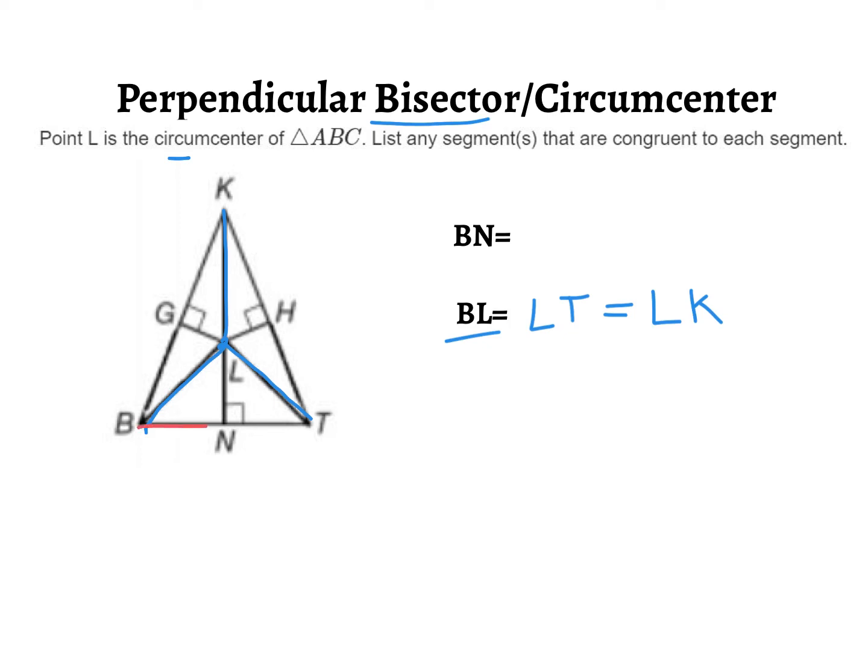So BT will be cut into 2 equal pieces, which means BN is congruent to NT. If I wanted to also check, this segment will be cut in half, making HT equal to HK. This one's going to be cut in half, making BG equal to GK.